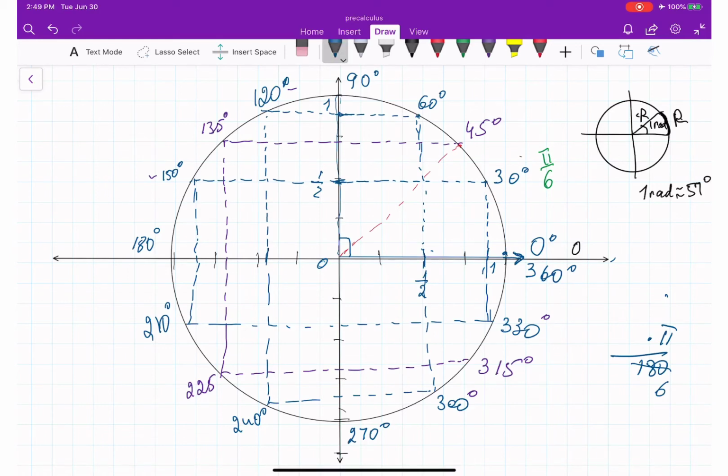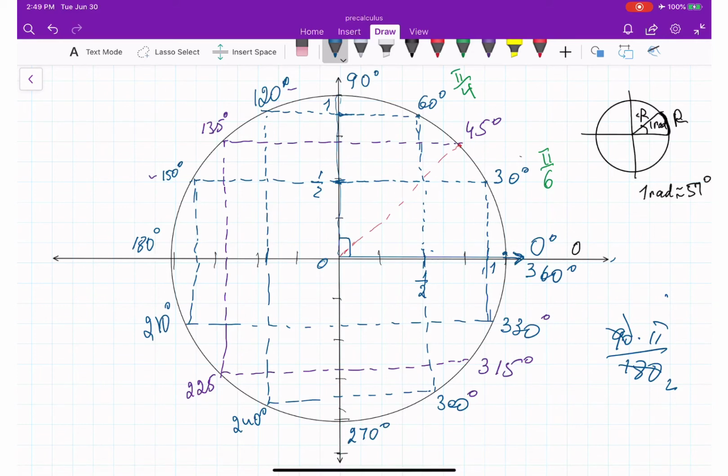Okay. Next, 45 degrees. So I'm writing down 45 times pi over 180. This is 1, this is 4. So pi over 4. Okay. Next, 90 degrees. Ninety times pi over 180. 1 and 2.